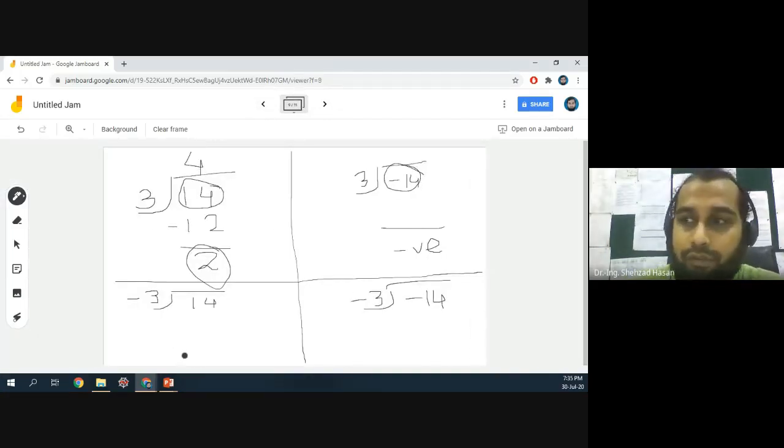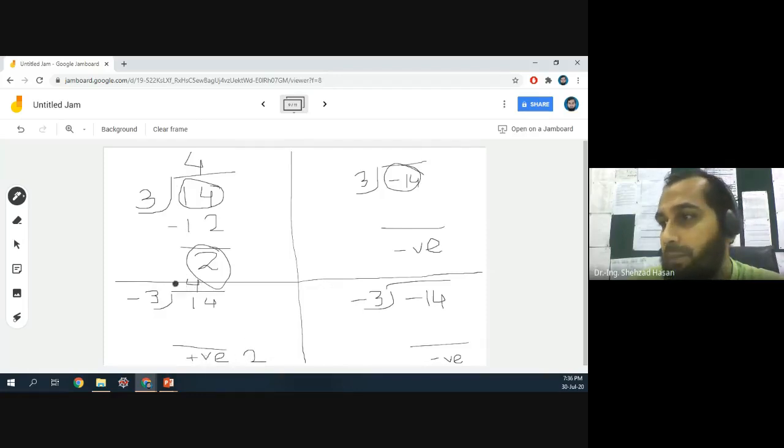Since the dividend is positive, you should have a remainder also positive. And in this case, since the dividend is negative, you should have a remainder also negative. If you do this, you're always going to get the same magnitudes, 4 and 2. In the negative case, it's not going to be 4, it's going to be -4 and -2. You can check that yourself after a break.